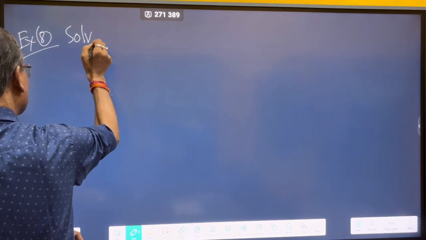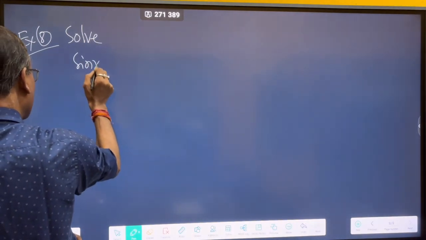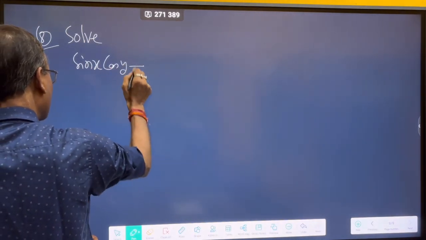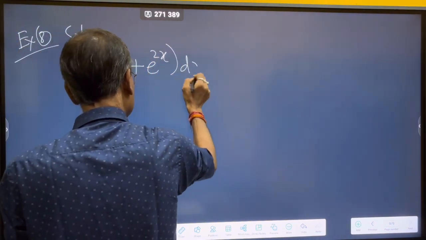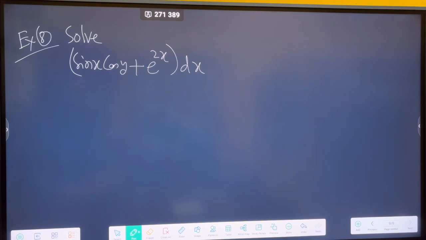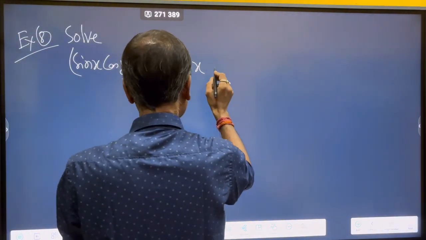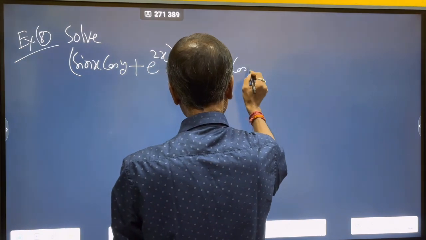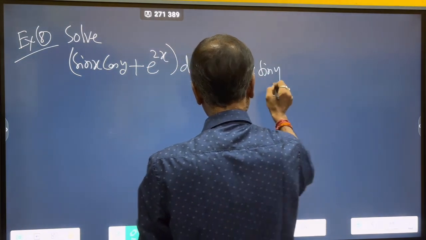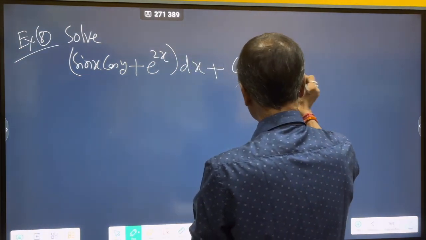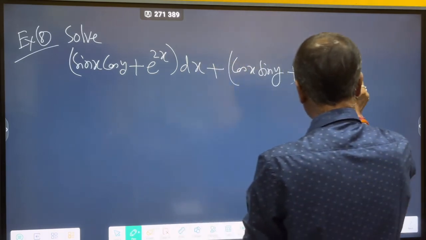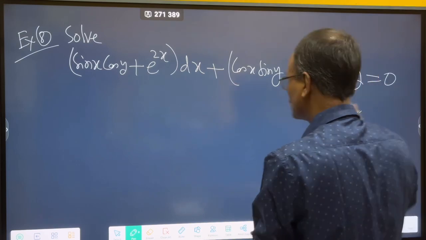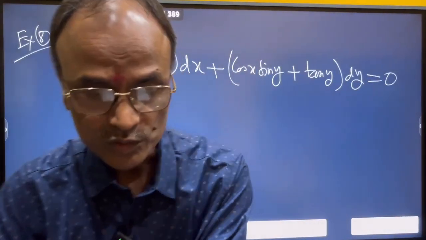Solve sin x cos y plus e to the power y... sin x cos y e to the power y dx plus cos x sin y, plus tan y dy, equal to 0.